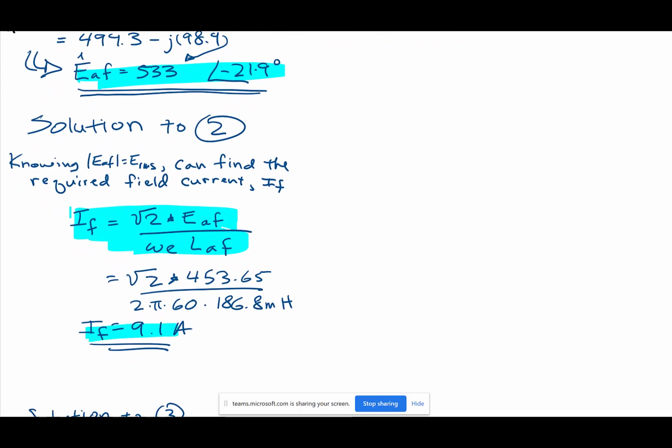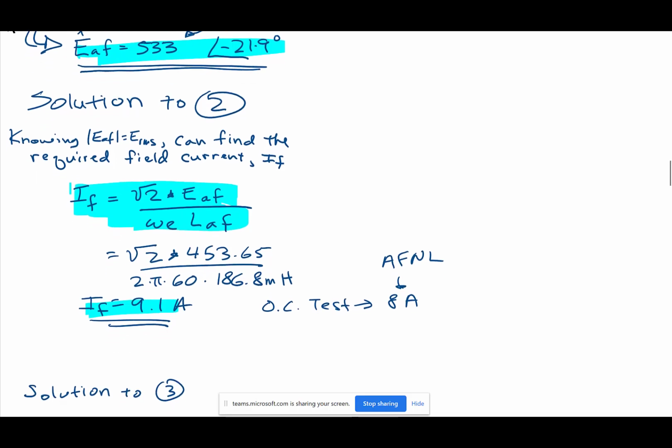And remember that in the lecture last time, the open circuit test gave us 8 amps, what we call the AFNL, ampere field no load amperes. So we actually had to increase the no load amperes that we used to get rated voltage at the terminals in order to operate this as a motor and get the leading 0.9 power factor.